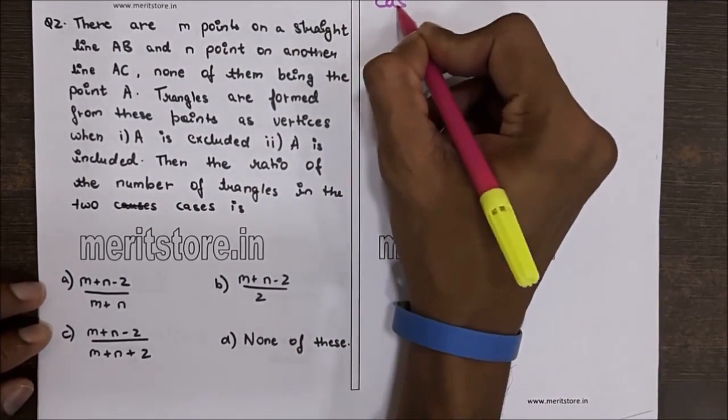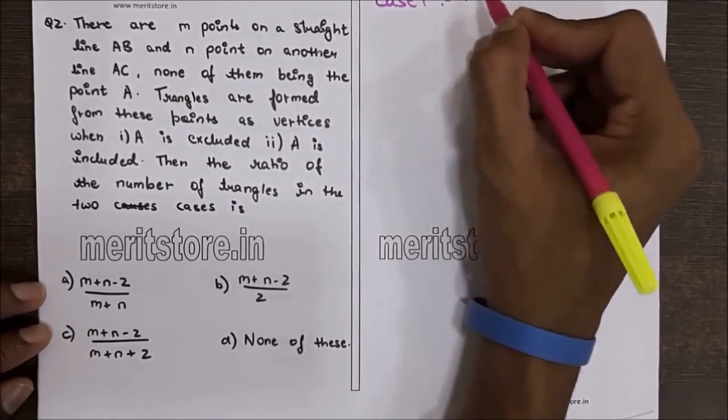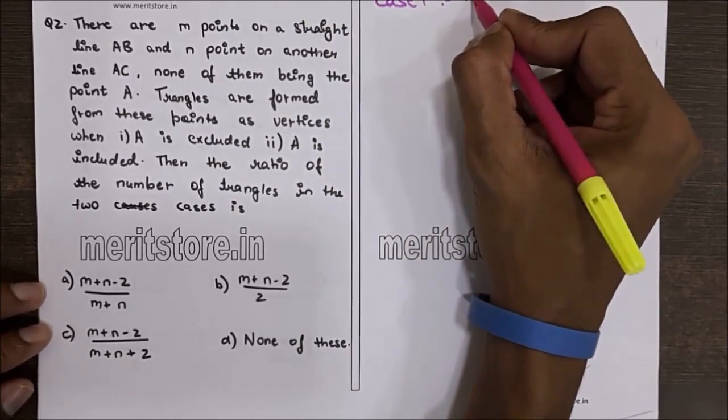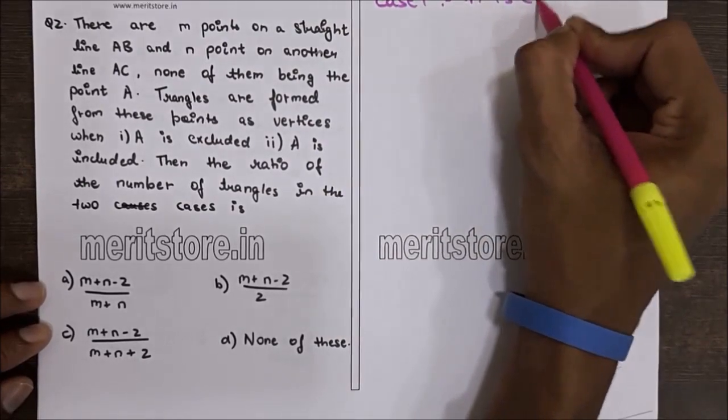In case 1, we exclude A, that is A is excluded.